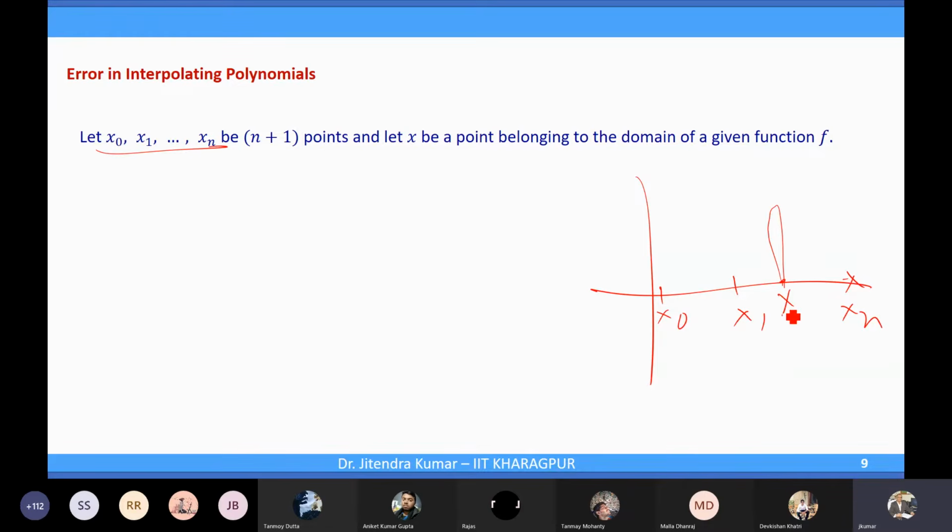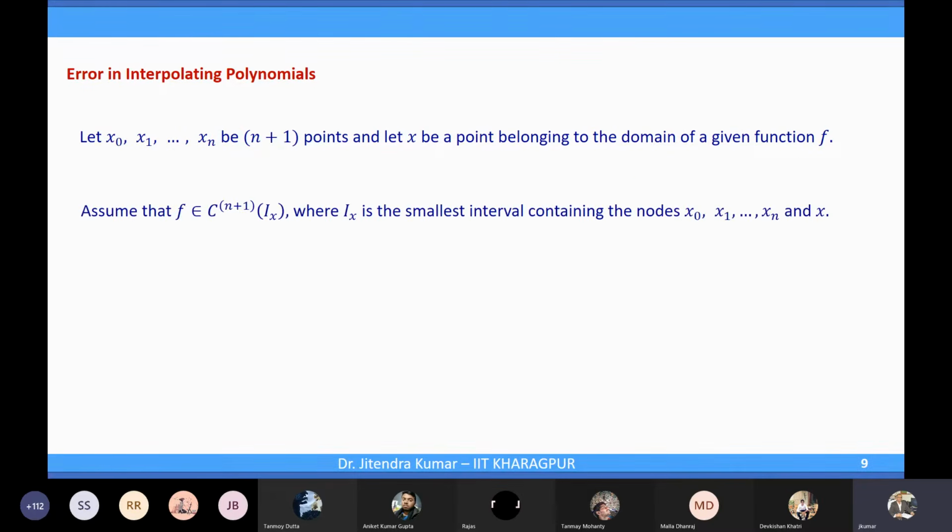You want to see how much difference you have from your polynomial passing through the data points. There is some difference between the function and the polynomial. How much is that? We will be talking about that here.